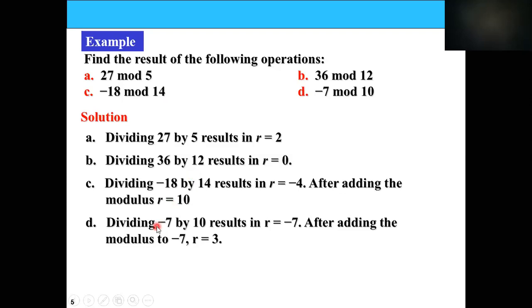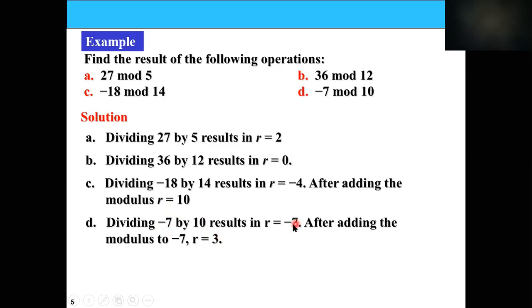If you divide minus 7 by 10, the result is minus 7, because if this is greater than 10 in absolute value, then you can divide, but this is less than, so in that case you cannot.